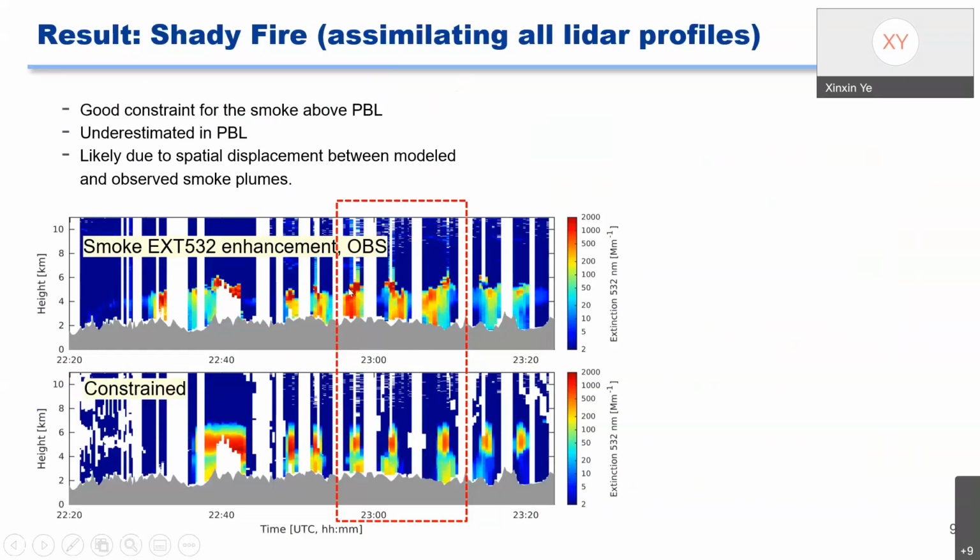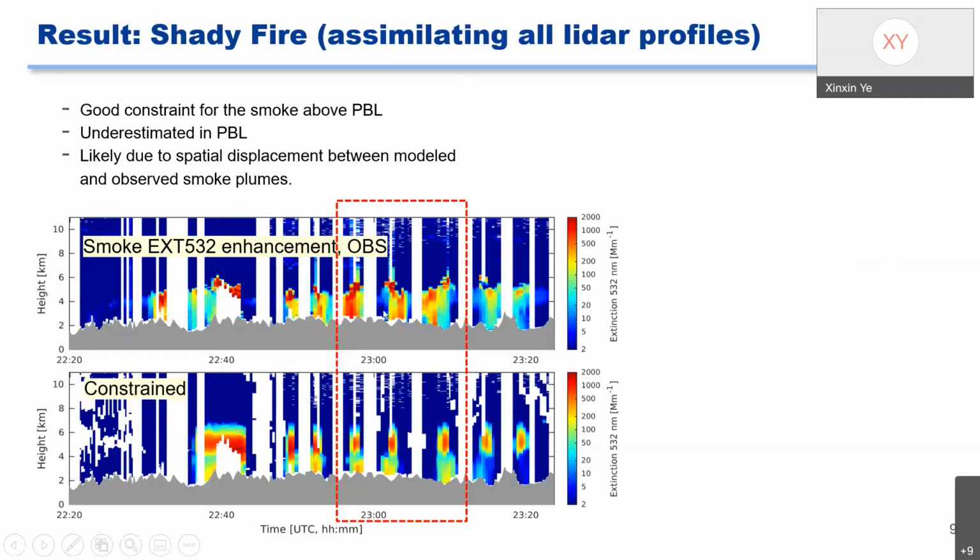Although the aerosol extinction above the PBL height can be constrained pretty well, the plume below the PBL is still underestimated after the inversion. This is because there is some offset in the location of the simulated plume compared to the observation.